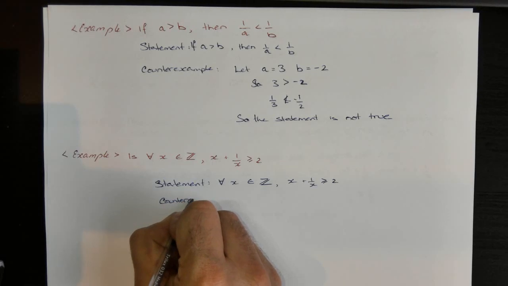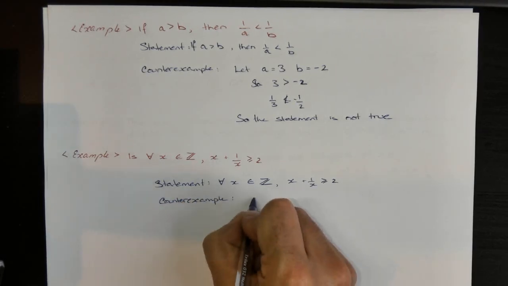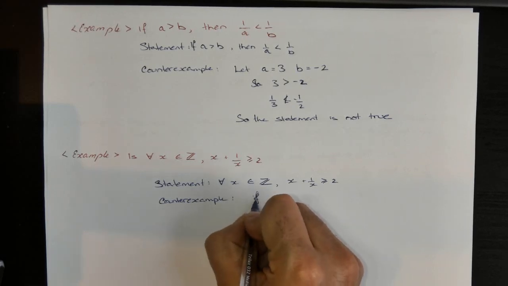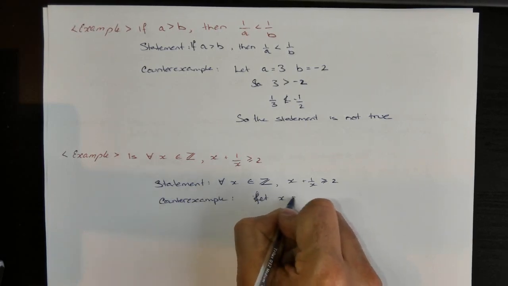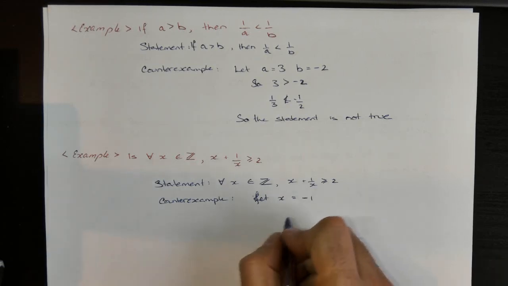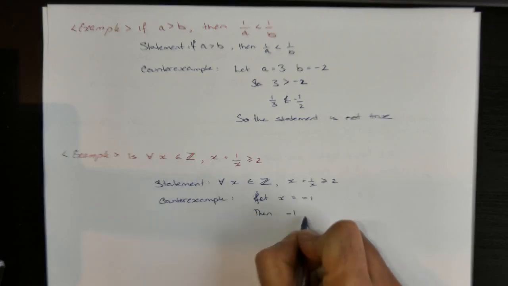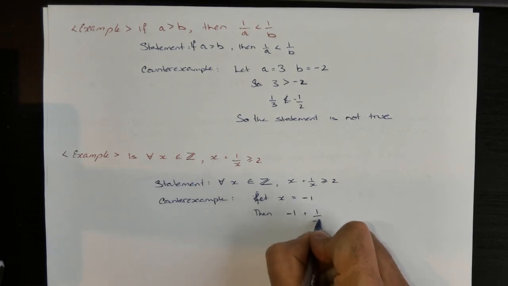So a counterexample: let x equal -1. So -1 is an integer. So we've got -1 plus 1 over -1.